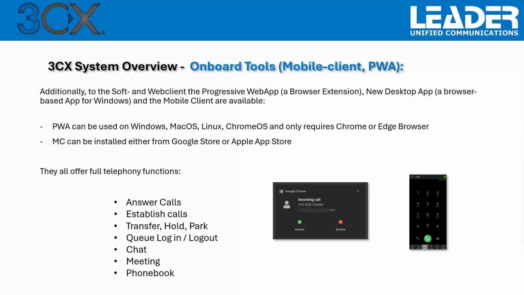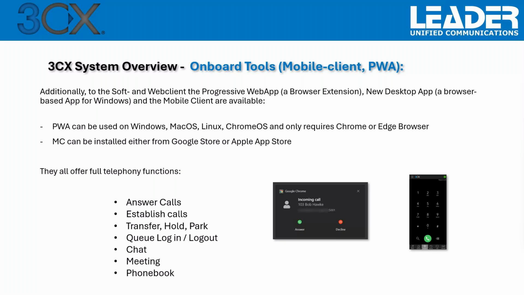All we in the end require for these two solutions we looked at is a headset. That's all. We further have the mobile client, an application that runs either on our Android or on our iOS phone, where we have the ability to answer calls, establish calls, transfer, hold, park, queue, login, logout, chat, meeting, phone book.